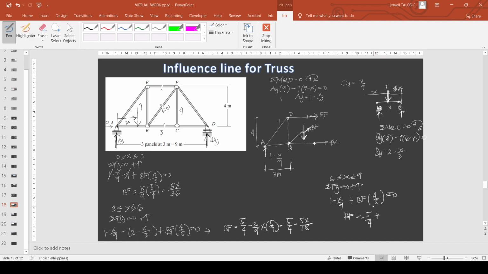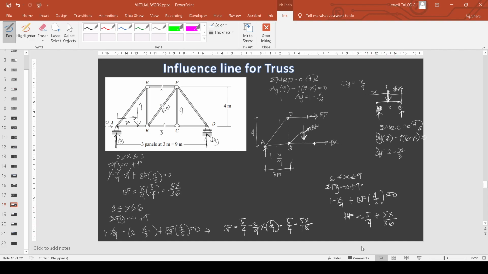So, plus, this is x over 9 times 5 over 4. Oh, this is 5x over 36.